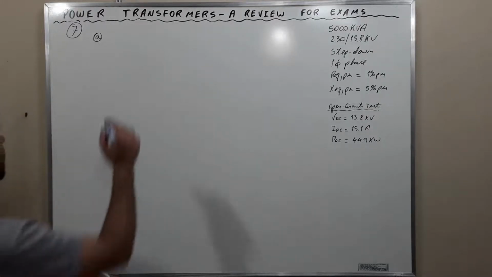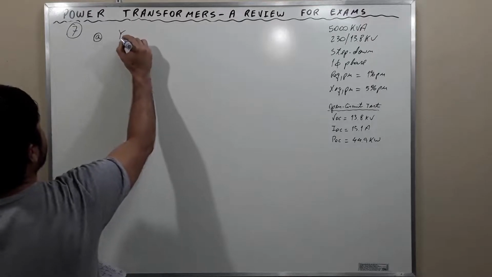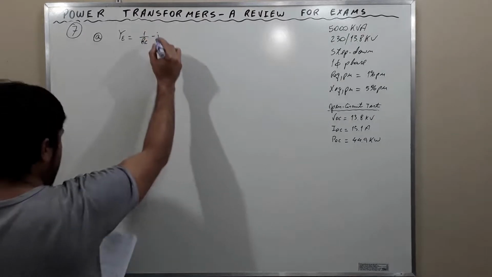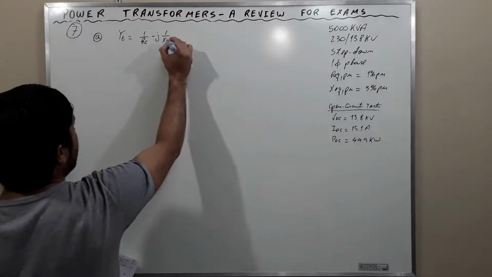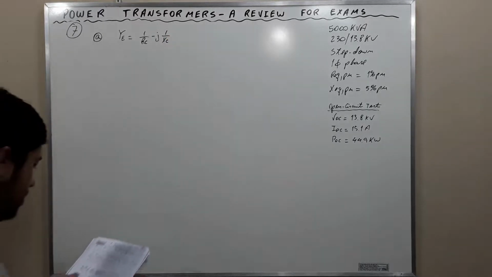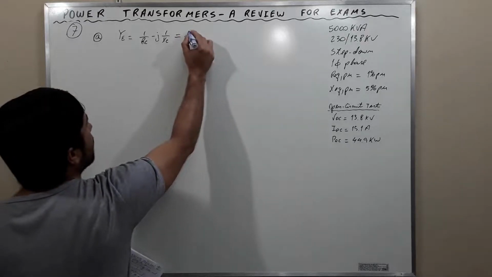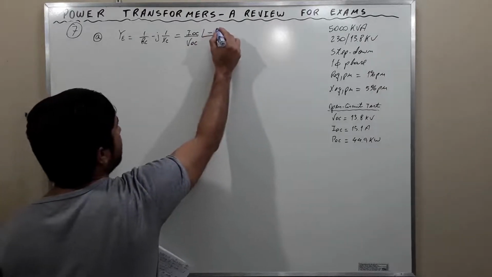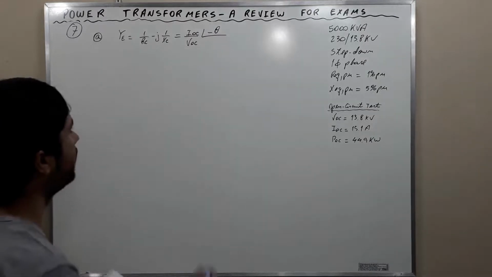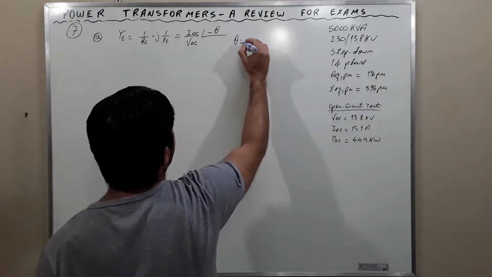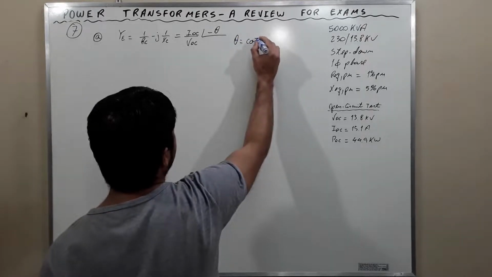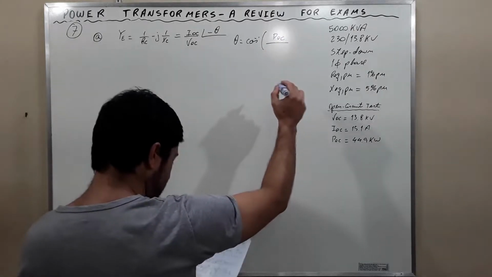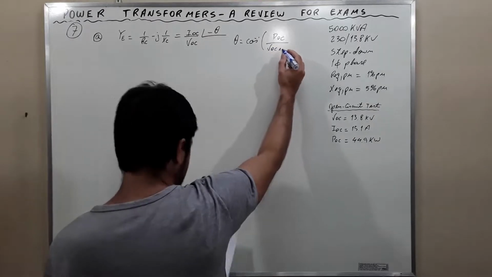The excitation admittance is 1 over RC minus j 1 over XC, which is equal to IOC divided by VOC at the phase negative theta, where theta is equal to the inverse cosine of POC over VOC times IOC.